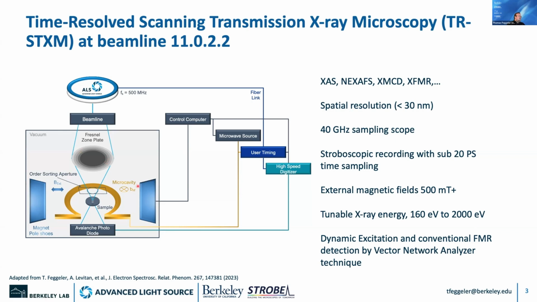The main element of the setup is the so-called STXM, or scanning transmission X-ray microscope, where we focus our X-rays with a Fresnel zone plate onto a sample, and eliminate lower intensity diffraction orders with a so-called order sorting aperture. And for the dynamics, we position our sample in a so-called microresonator, a lithographically created resonant loop, usually made out of gold.